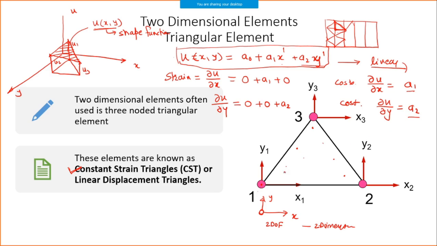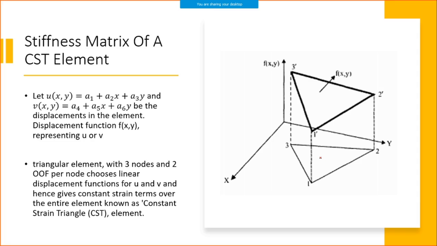That is why it is called a constant strain triangle. Looking at the functions, you get two equations: one in the x direction, the other in the y direction. u represents the deformation in x, and v represents the deformation in the y direction. This is called a displacement function, f of x, y.